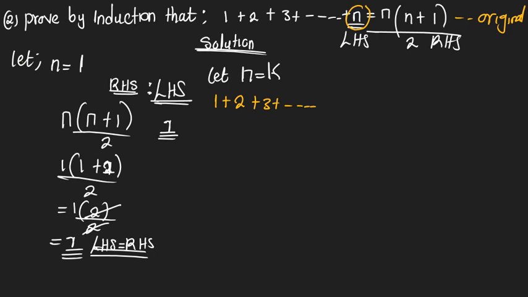Sir, sorry for disturbing. Just to get back here, what is 1 open brackets 1 plus 2 over 2? Why aren't you adding 1 plus 2? You get 3, but you're canceling the 2. Which 1 plus 2 is here? Why are you proving from the right hand side?